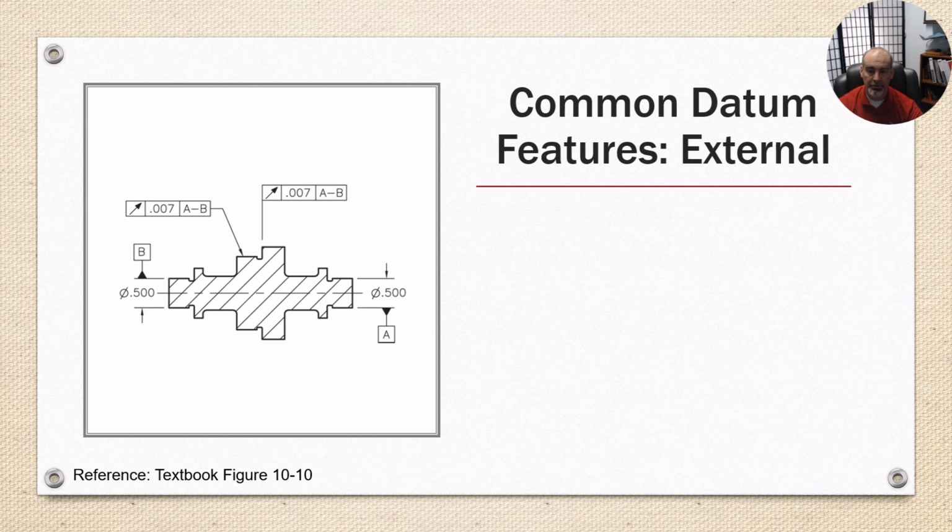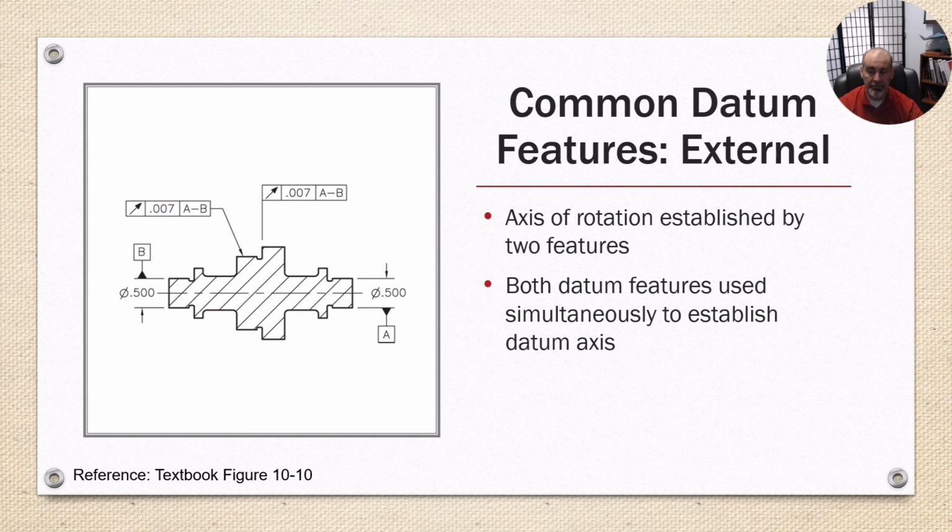A common datum feature for external features: the axis of rotation established by two features. Both datum features are used simultaneously to establish the datum axis. So in this case, they're using two, B and A, and you put a dash in between to indicate that.